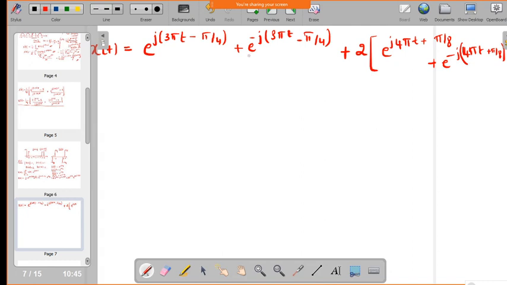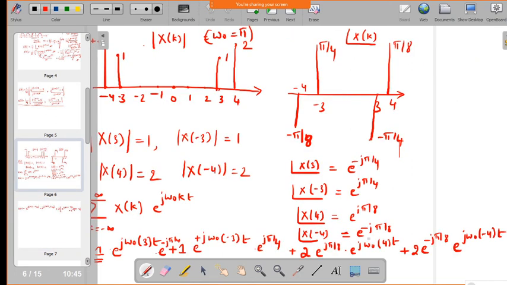Okay, so what is the expression we got here? If you give pi here, 4 pi t plus j pi by 8.